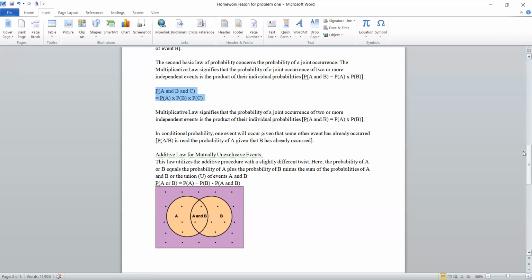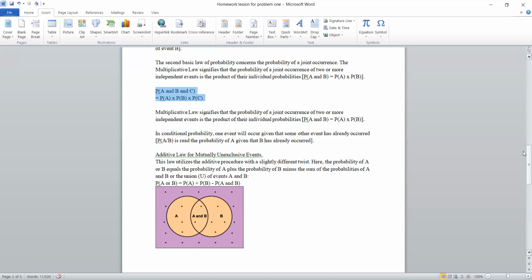Okay, for example, the likelihood that somebody graduates from college depends upon them enrolling and completing college. So the likelihood that they graduate, they finish successfully, is dependent on them enrolling and completing. Okay, so we have a conditional event.